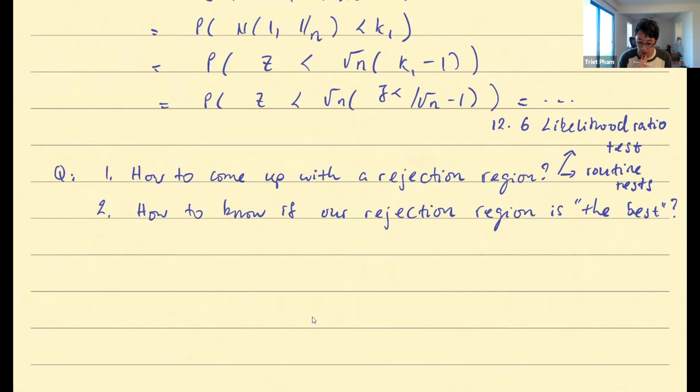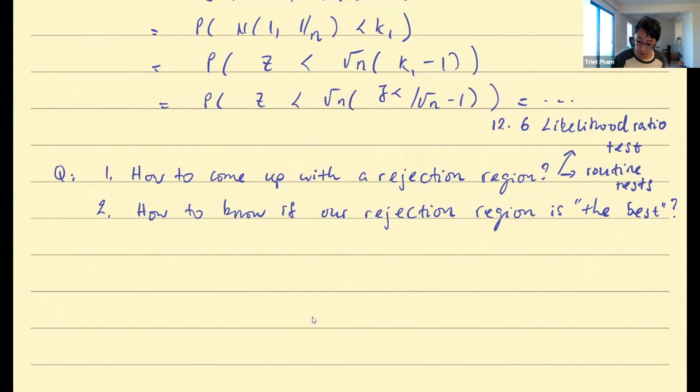Flavor-wise, this is similar to asking how do we know if an estimator is the best. At that point, remember I said it depends on your criterion. If you use mean square error as the criterion for comparing estimators, then it's hard to tell. But if you restrict yourself to the class of unbiased estimators, then the Cramer-Rao lower bound is the way you can tell.